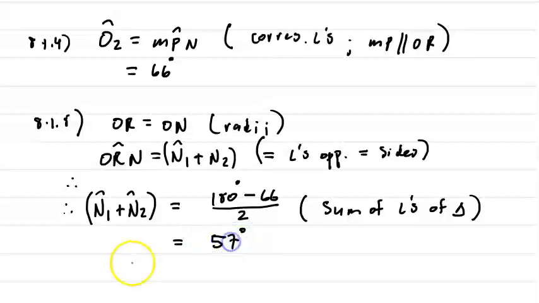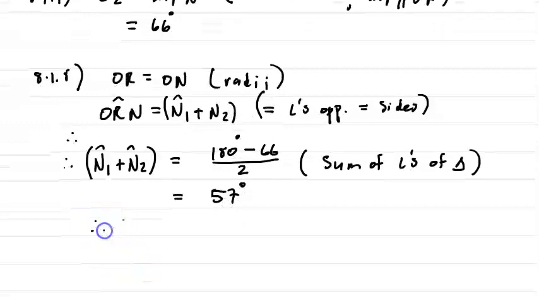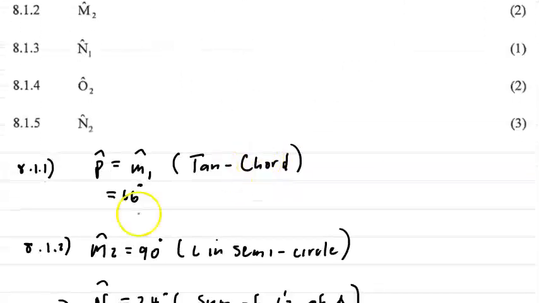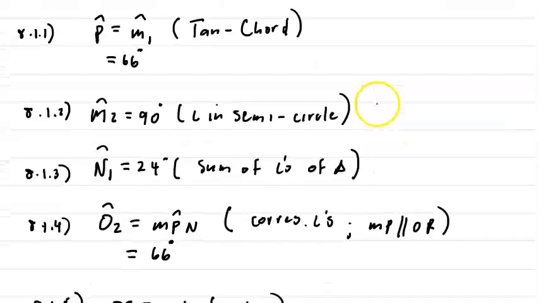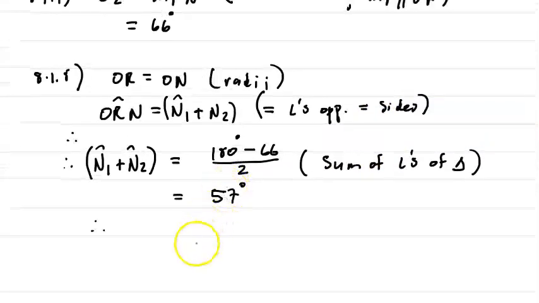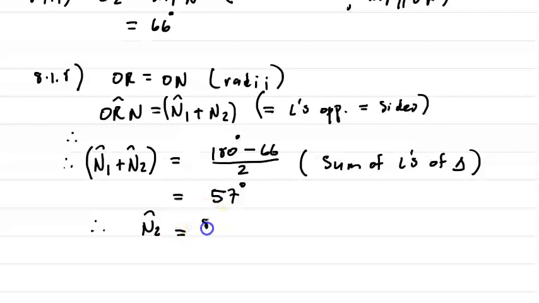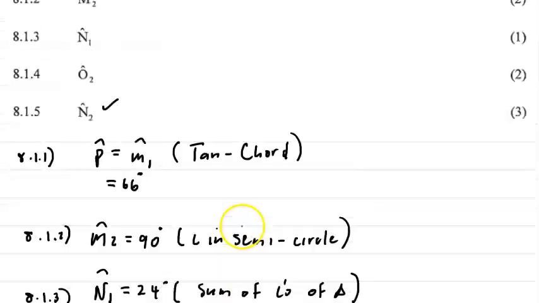And therefore our concluding statement here would be, and they want us to find N2, so we'll say N2 is equal to 57 minus 24 degrees.